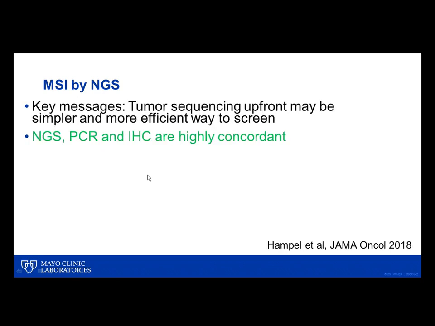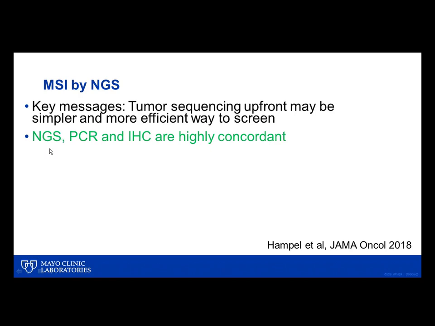And I think in this excellent study by Heather Hampel's group published in JAMA Oncology in 2018, there are a number of very useful messages. Two of the key messages I've included on this slide. The first is that tumor sequencing up front by next-generation sequencing may be simpler and more efficient in the long run.